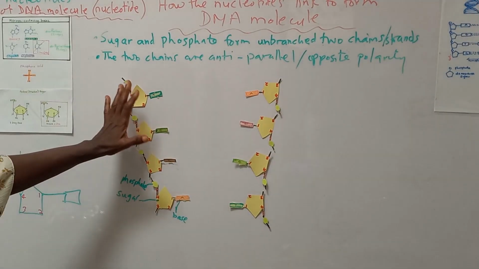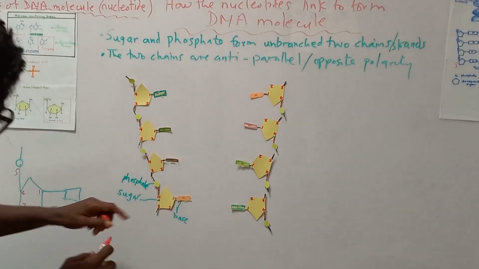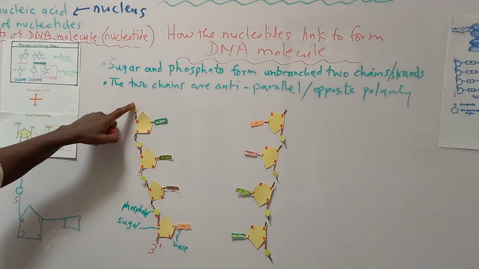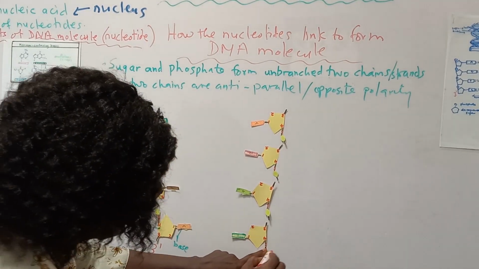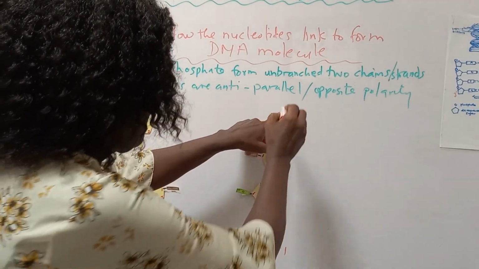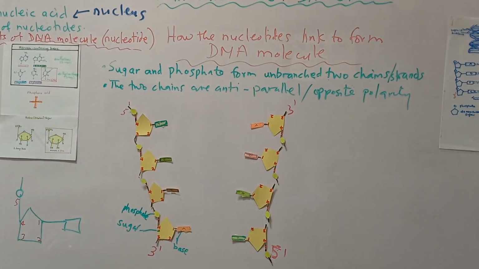So this is what produces the antiparallel nature, and we started this at 3 prime, and you see we are ending on 5 prime, and this chain we started on 5 prime here, and we are ending on 3 prime. This is what produces the antiparallel nature.